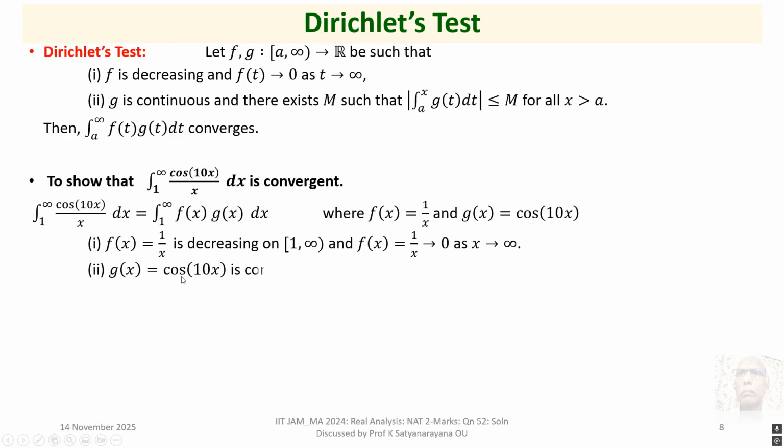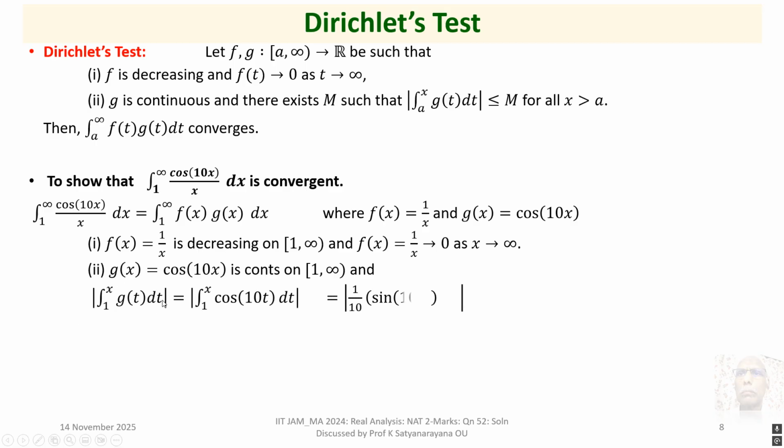Second condition: g of x is cos 10x, a continuous function everywhere, so also continuous on the interval 1 to infinity, closed at 1. The modulus of integral 1 to x g of t dt is equal to modulus of integral 1 to x cos 10t dt, that's equal to, after integration, mod of 1 by 10 sin 10t, to be evaluated between the limits t equal to 1 to x.